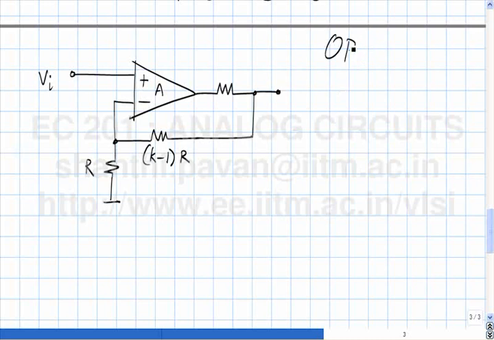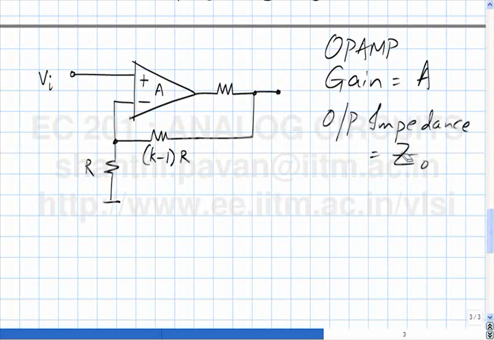The op-amp gain is A, and the output impedance, let me call it RO. The question is, what would be the output impedance looking in here?